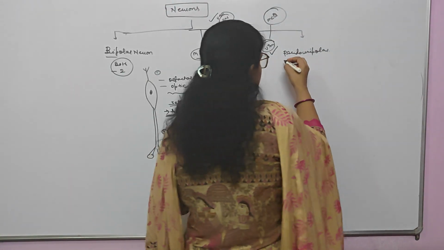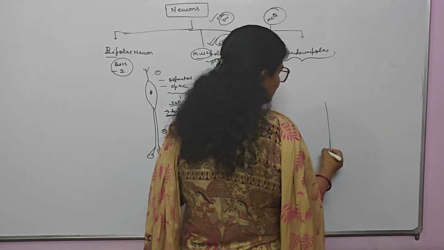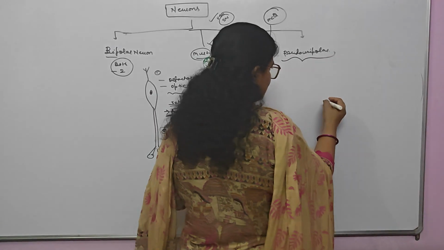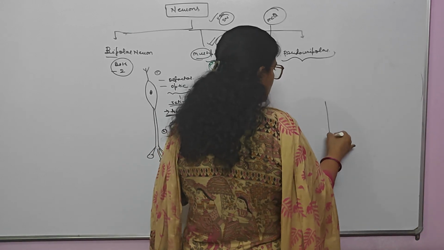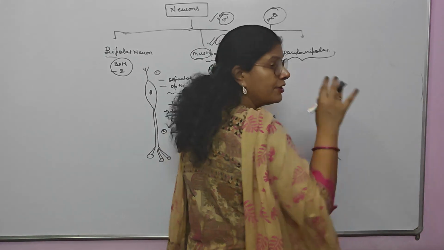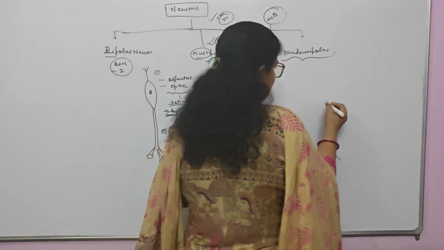Now what do we have? Pseudo unipolar. So there is a process whose origin is from a single pole. Origin is single, but during its course it will divide into two processes.